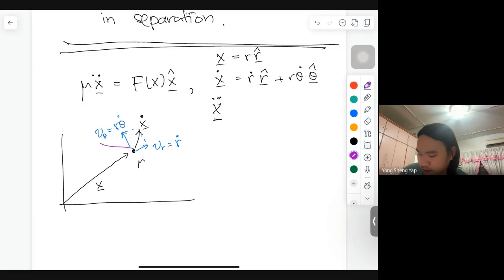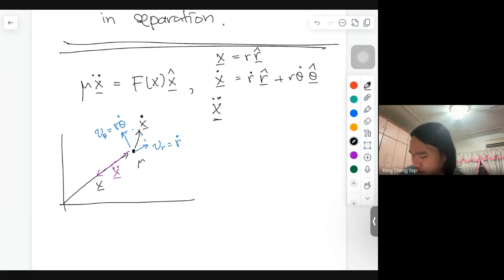But if this guy also has an acceleration, sorry, the acceleration should always be in this direction, because it's a central force, remember.